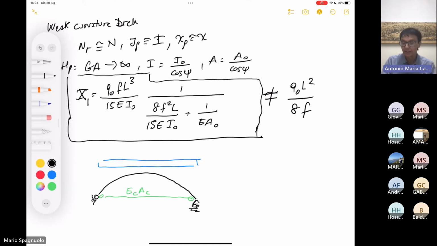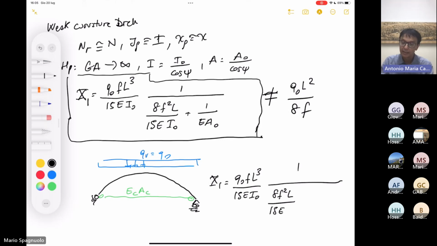If we have this arch here, with QV equal to Q0, I will not go through the details, but we can adapt and generalize the results obtained so far, and we will find that x1 is equal to Q0 F L to the third power over 15 E I0, divided by 8 F squared L over 15 E I0 plus 1 over E A0.